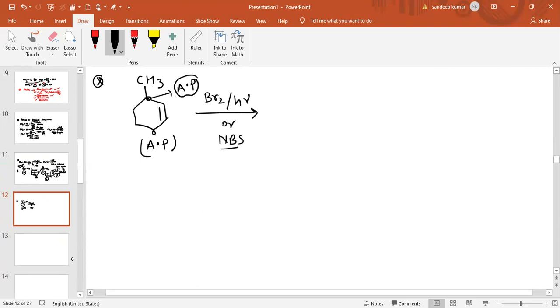So there are two allylic positions. First draw the intermediates. On this is CH3. So first I am drawing this free radical. Another possibility after removal of hydrogen is this one free radical.